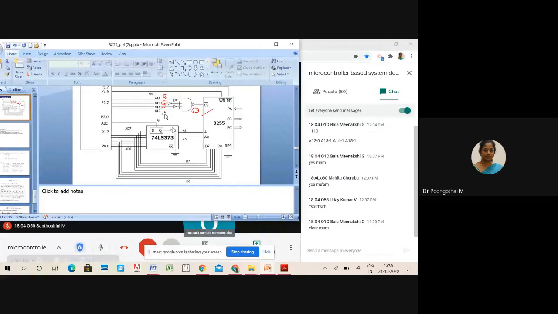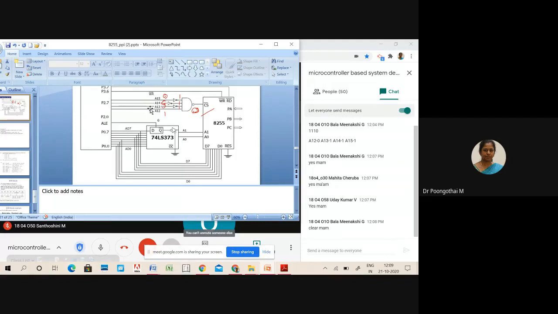Okay. A0, A1 will differ based on your device selection, and already we know about these address line statuses. So put the values against each address line and find out the value. What is the internal address for port A?